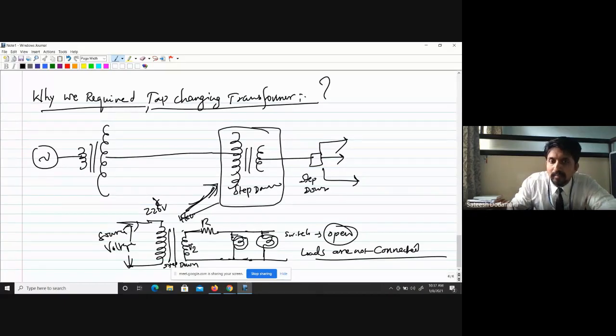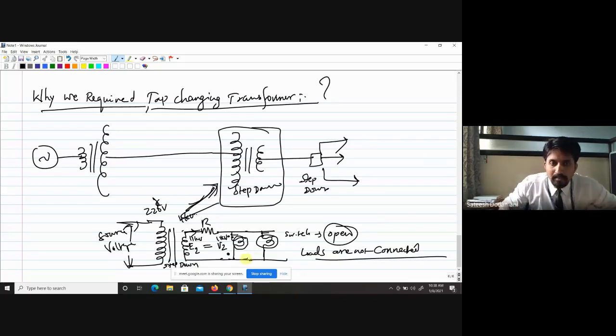We don't call it V2 here, we call it E2. The EMF induced in this winding is called E2, the secondary voltage. As no current is flowing because the switches are open, the voltage available across this load is V2, and this E2 is equal to V2, the same voltage. For example, if it is 11 kilovolt here, here also you are going to get 11 kilovolt.